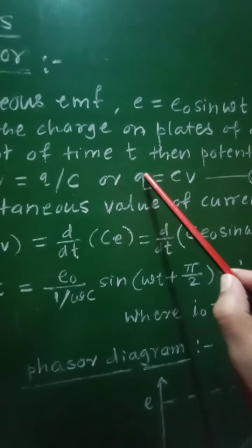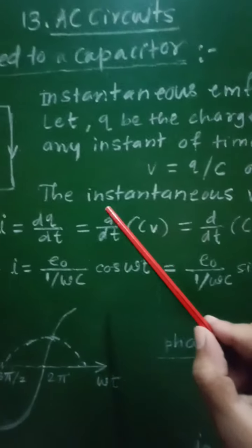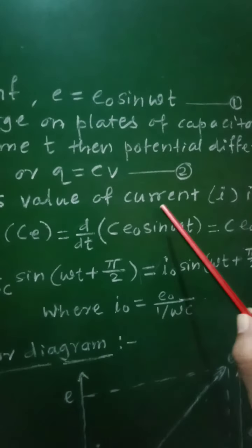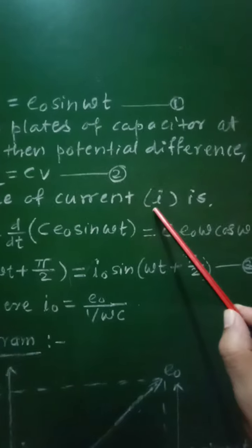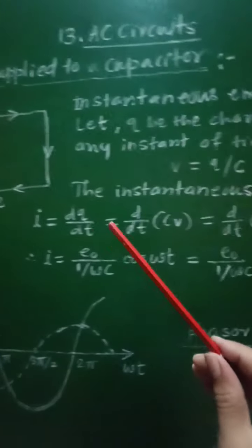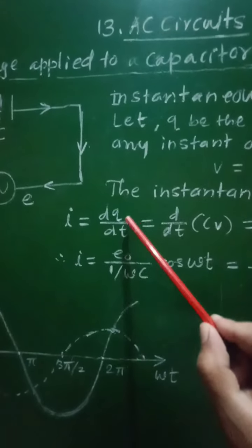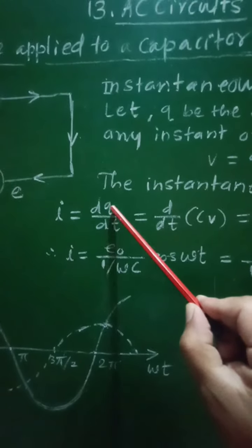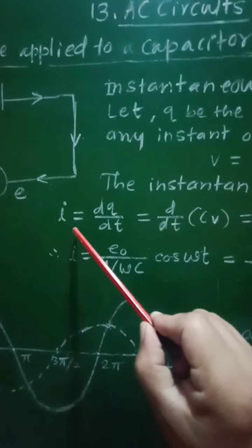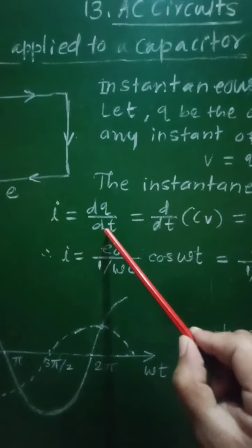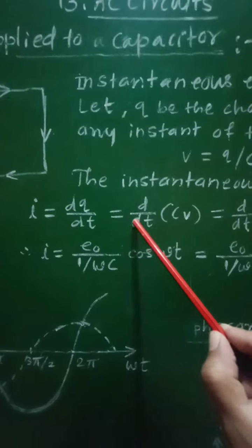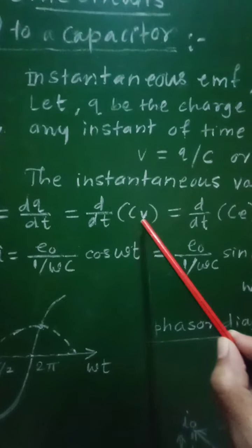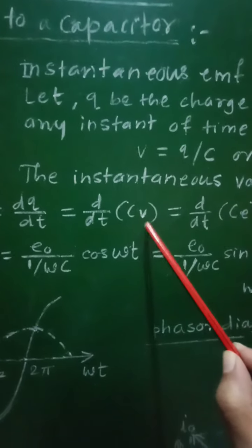Then the instantaneous value of current I will be given as I is equal to dq by dt, that is the rate of flow of charge per unit time, that is the current. Now putting the value of Q, we get d by dt of CV, because Q is equal to CV.